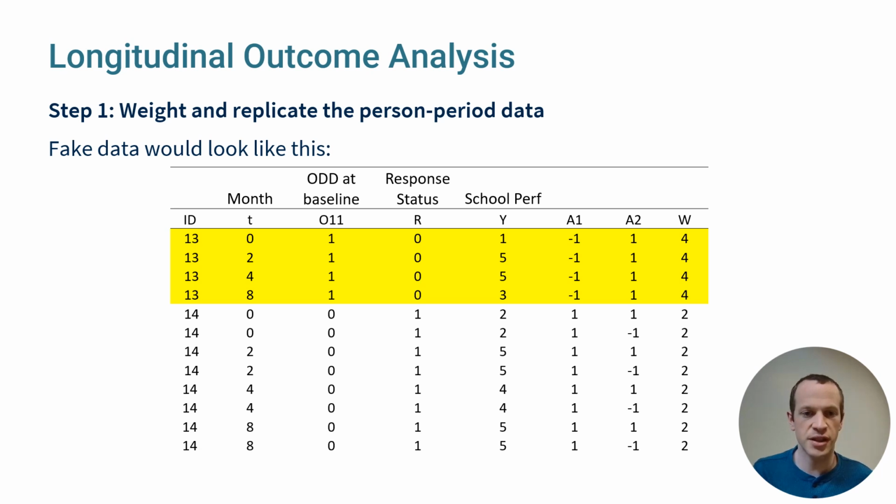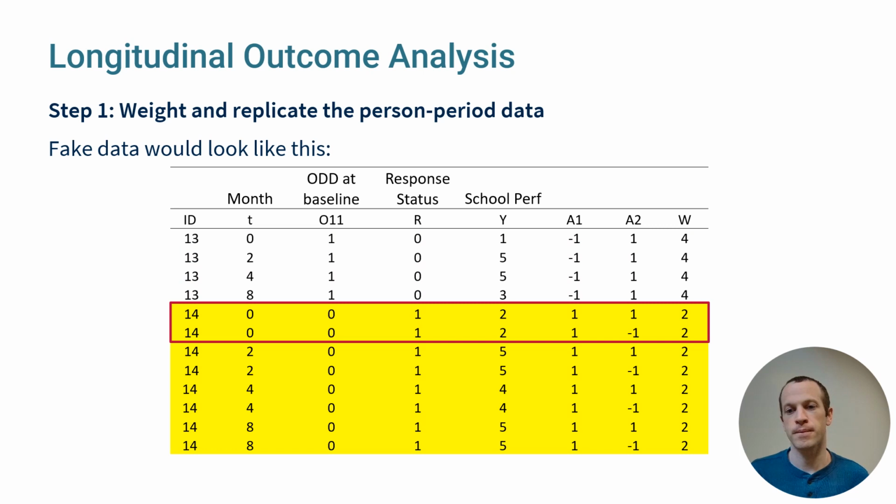In this case, looking at the first 4 rows, this individual was a non-responder. So that means we don't have to replicate that data at all. That individual is consistent with only a single adaptive intervention. Looking at this second participant, however, we see that their response status was 1, meaning they were a responder.